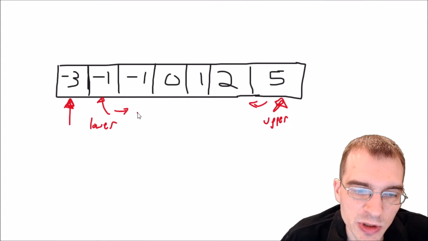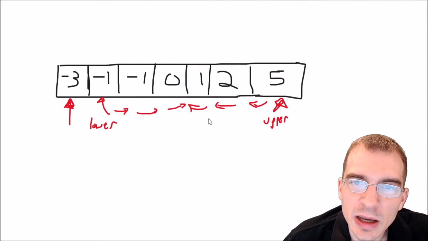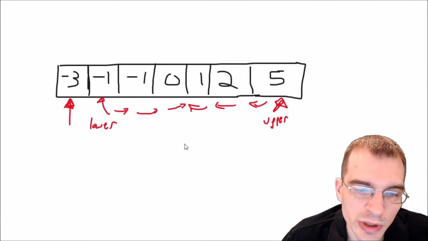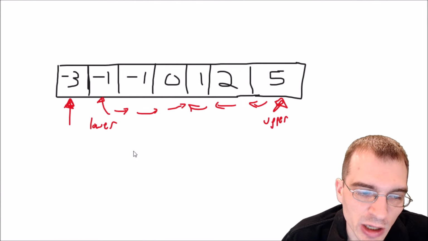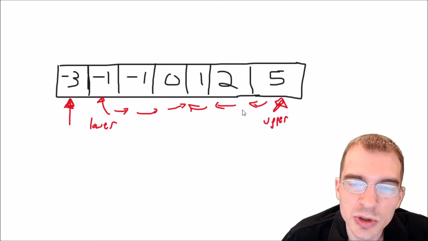And eventually, as we go along, these pointers are going to keep moving toward each other. And so when they meet each other, we essentially want to stop the loop. So we could use a while loop to do this, basically saying that while the lower pointer is, I suppose, either not equal to or just less than the upper pointer, we'll keep doing the loop.